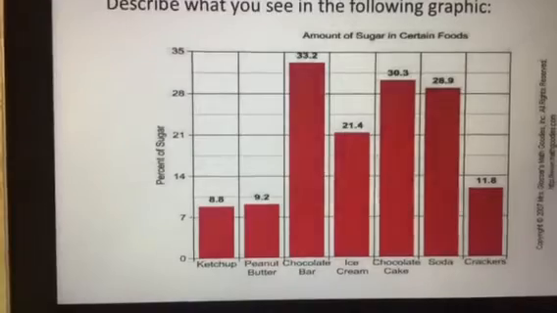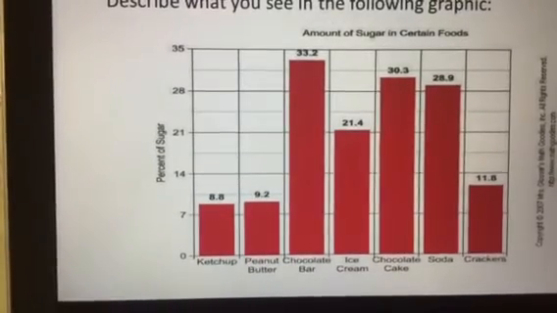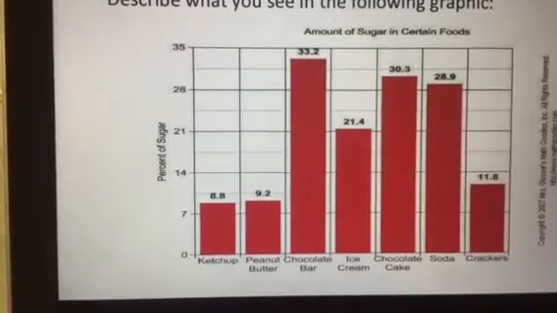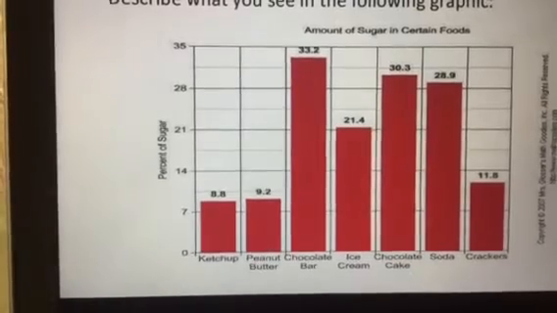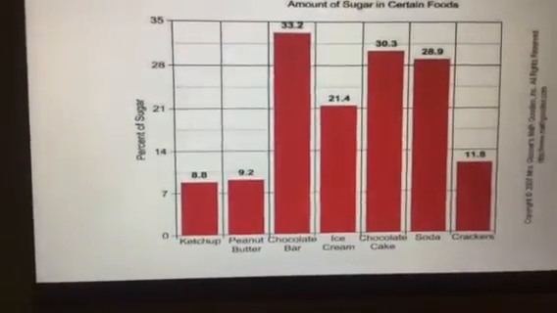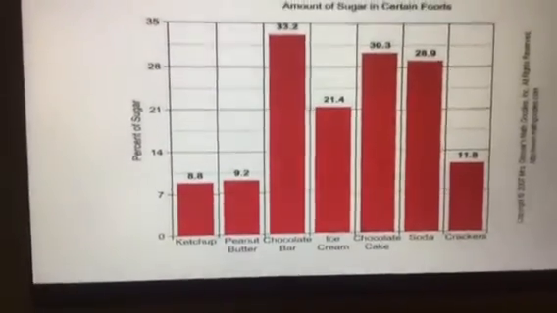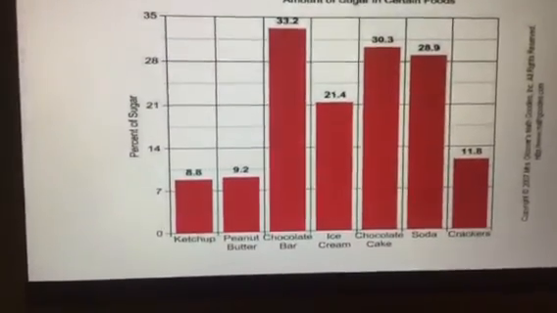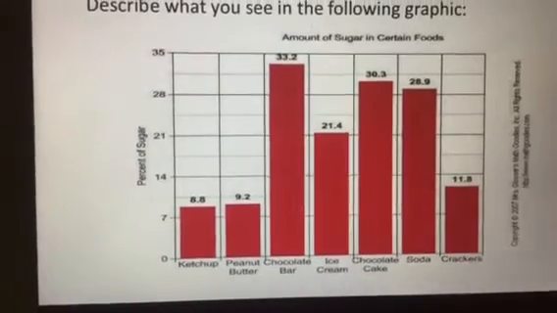Right now we're going to evaluate this graph that shows us the percent of sugar and the amount of sugar in certain foods such as ketchup, peanut butter, chocolate bar, ice cream, chocolate cake, soda, and crackers.